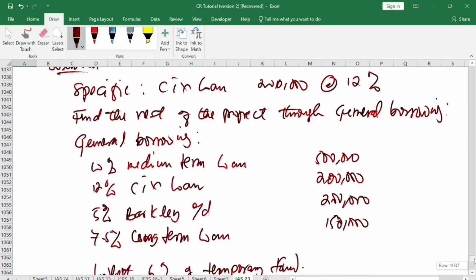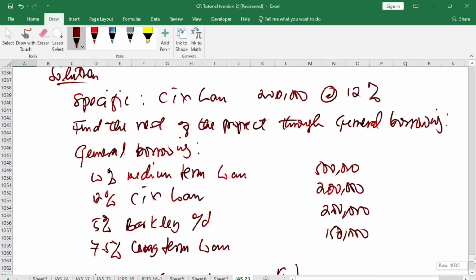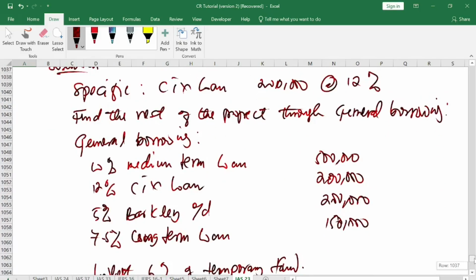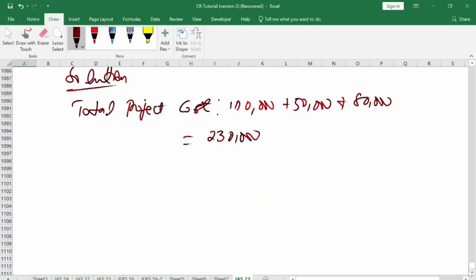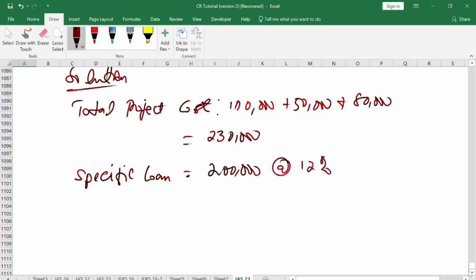Now, when you read the question, you can see that the company took a specific loan from CTX of 200,000. So the specific loan for the project was 200,000 at a 12% interest rate.